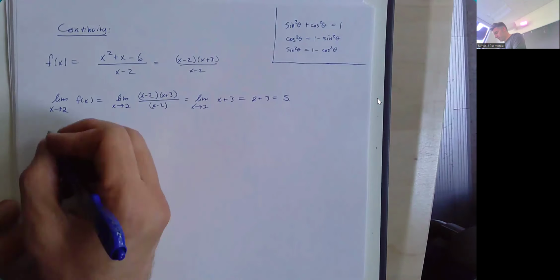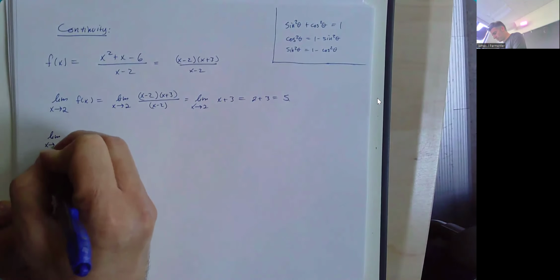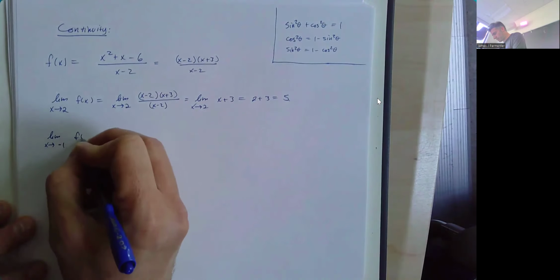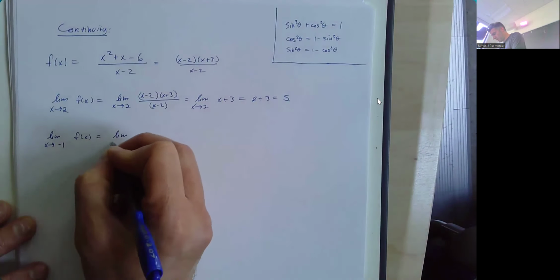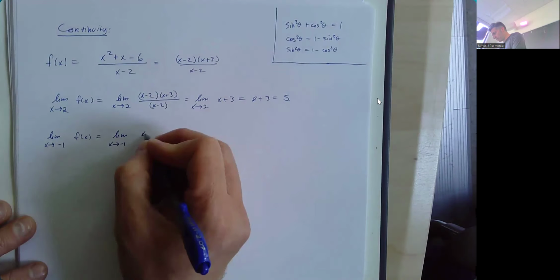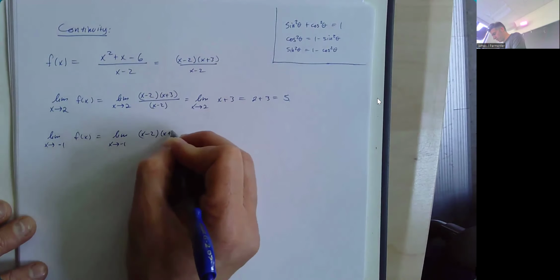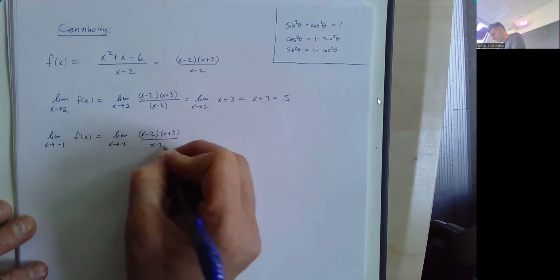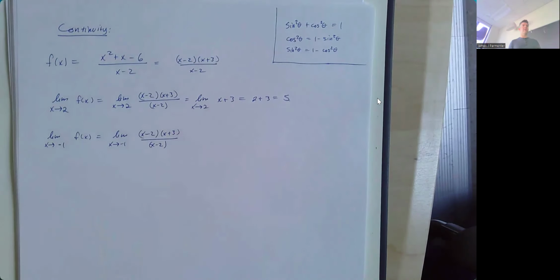I could also say the limit as x approaches -1 of f of x is equal to the limit as x approaches -1 of x minus 2 times x plus 3 over x minus 2. And then you don't even really need to cancel the x minus 2's. You certainly can, but you also just plug in -1.